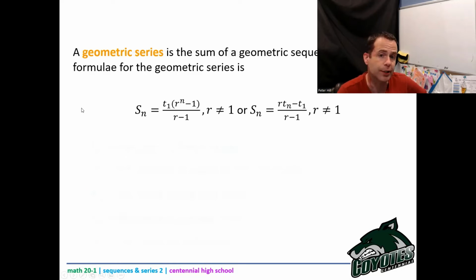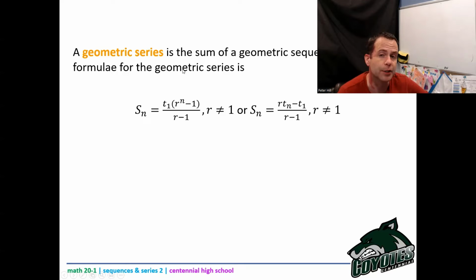Now we'll turn our attention very quickly to a geometric series. Again, there are going to be two different formulas, and all these formulas are given to you on your formula sheet. They're not things that you have to commit to memory, but you have to know when to use them and how to use them properly. So a geometric series is the sum of a geometric sequence.